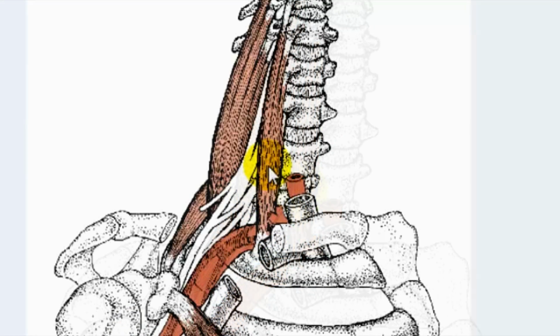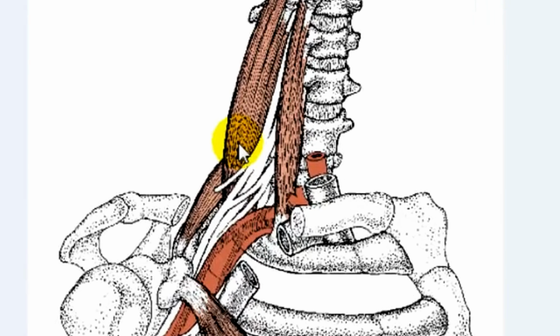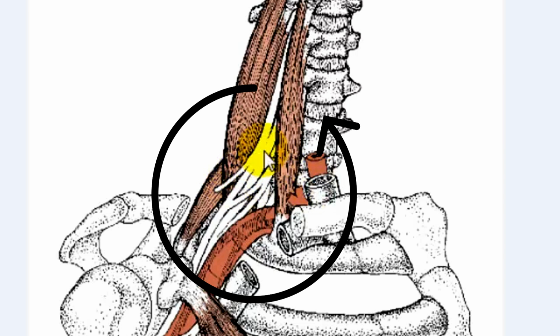So if you have trigger points in the anterior and the scalenus medius, they cause the muscles to become tighter, because you get a tight band, they shorten, and they may put pressure on the nerves as they come out.